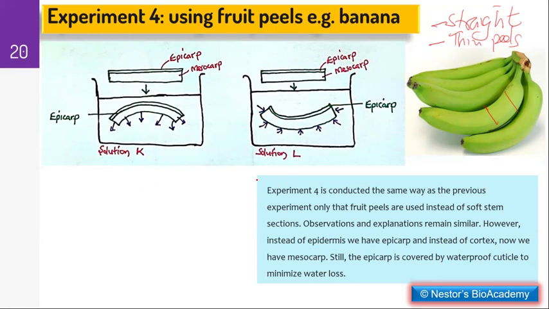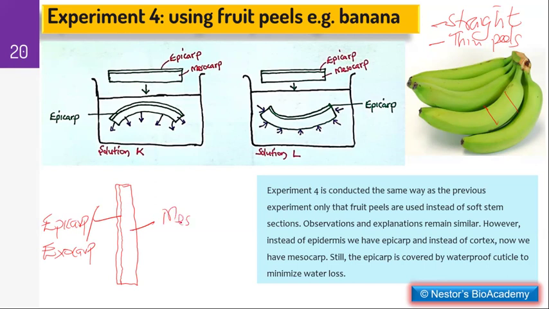The explanation is exactly the same as that of the previous experiment we have just investigated, only that now for the case of the fruit peels, the outermost layer of the fruit peel is always referred to as either the epicarp or the exocarp. And the inner cells, this inner part, is always referred to as the mesocarp, also made up of cells.